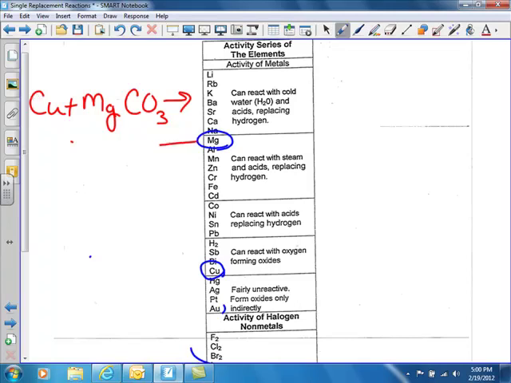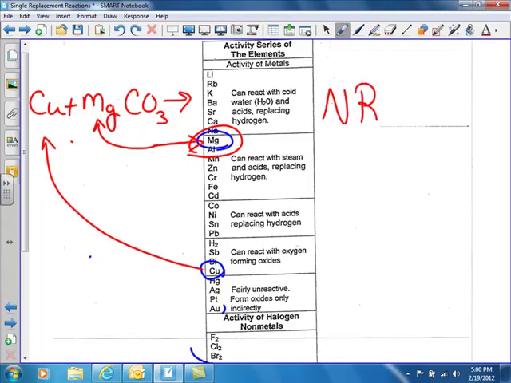Because the magnesium in this compound is higher than copper, this is a no reaction. So we write NR, which stands for no reaction. We cannot write the products because the reaction doesn't work; copper cannot replace anything that's above it. You can only replace things that are below it.